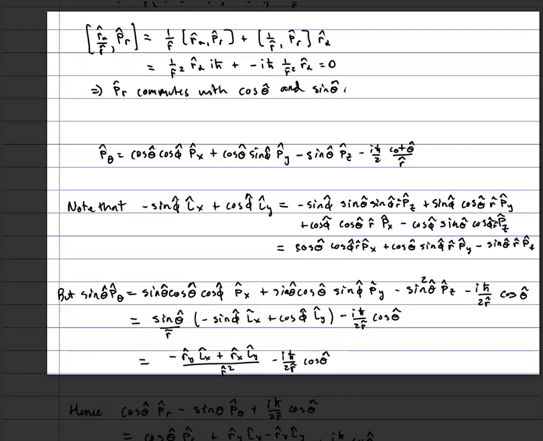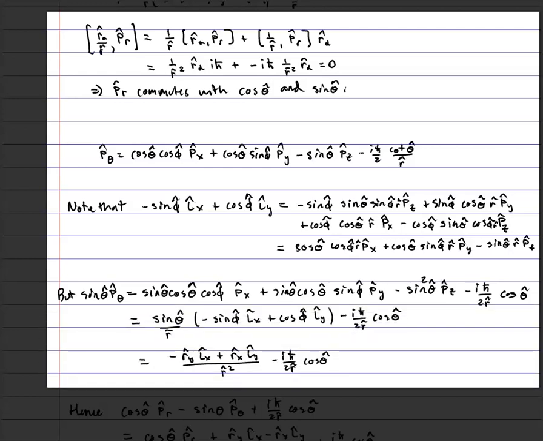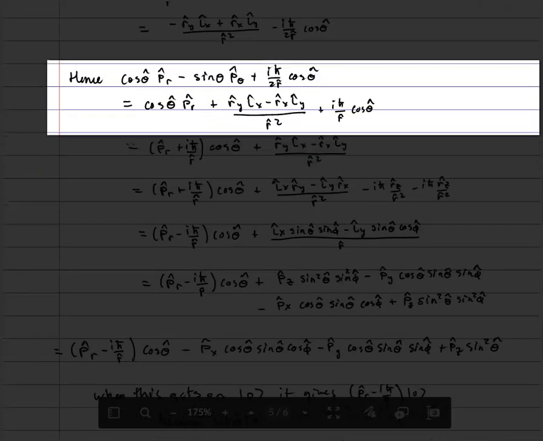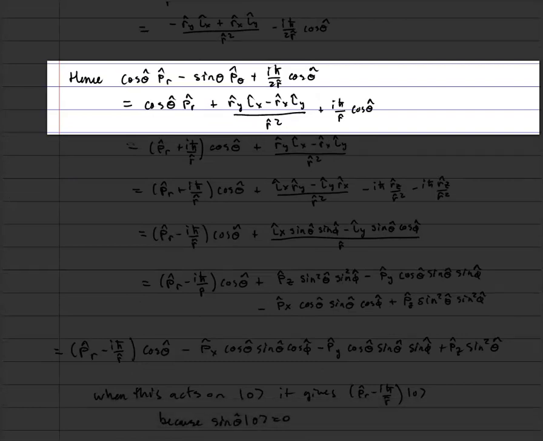Okay, so now if I look at sine theta p theta, and work out what that is, that's equal to minus ry Lx plus rx Ly over r squared minus I h bar over 2r cosine theta hat. That means that if I look at cosine theta pr minus sine theta hat p hat theta plus I h bar over 2r cosine theta hat, that is going to equal cosine theta pr times this, ry Lx minus rx Ly over r squared, plus I h bar over r hat cosine theta hat.